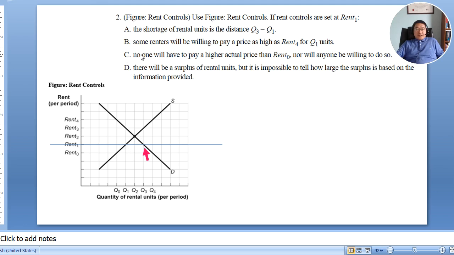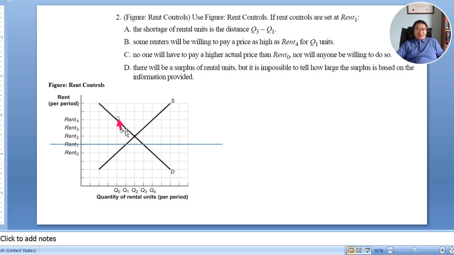Now let's look at B. Some renters will be willing to pay a price as high as rent 4. Now let's look at the demand. Someone wants to pay this. There's always someone who can pay a higher price. For Q1 units, this Q1 is actually the market demand. It's not someone, it's not some renters.